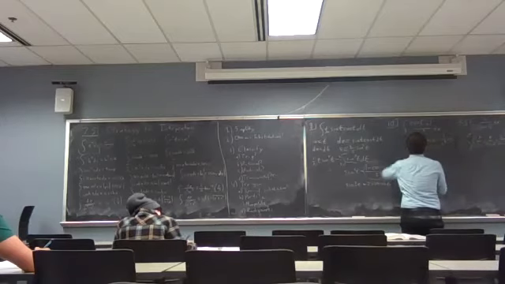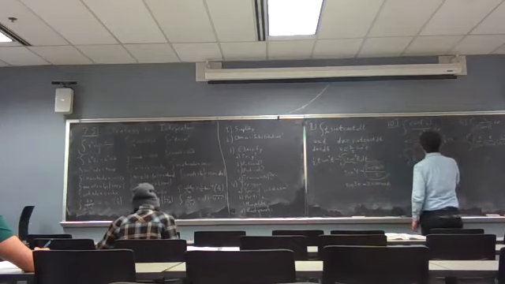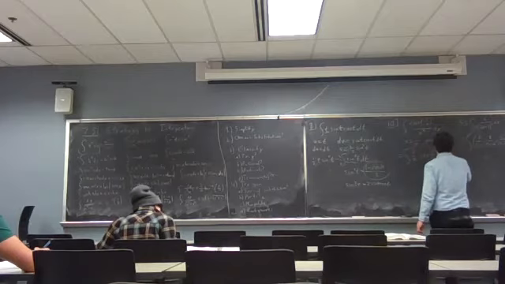So this is the same thing as the integral of 1 over x times the cosine of 1 over x times 1 over x squared dx.